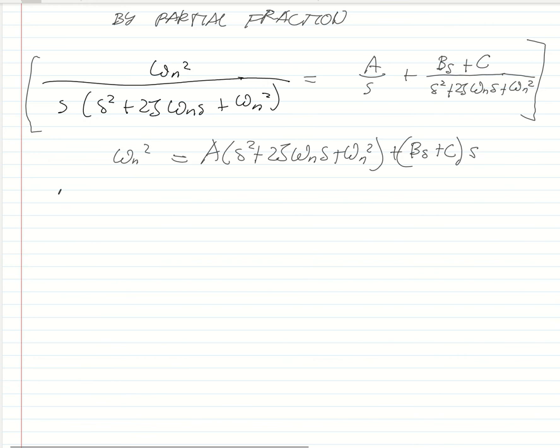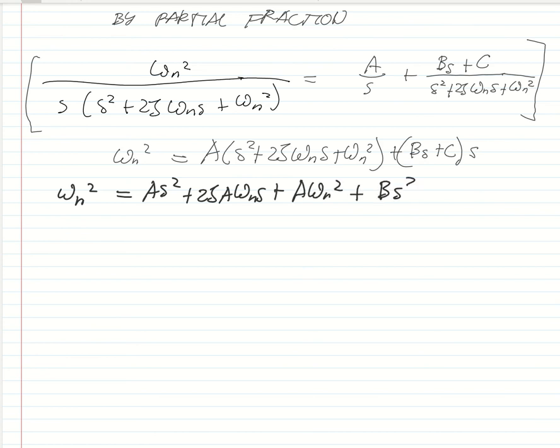So omega n squared, we can distribute the constants. As squared plus 2 zeta A omega n s plus A omega n squared plus Bs squared plus C times s. We distribute them, then we group all the s squared, all the s terms, and all the constants.